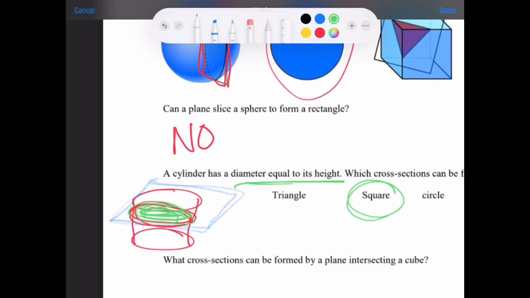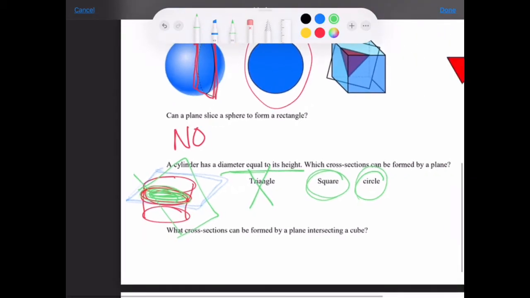A circle. So we know we have a circle. Now, is there a way to cut it if I have a triangle? What if I go diagonally? Right? Is that going to look like a triangle? No, that's going to be a rectangle. Okay, how do I know? Right? You just have to visualize the best you can. So we know that this cannot be a triangle. Now I want to go to one of the hardest shapes.